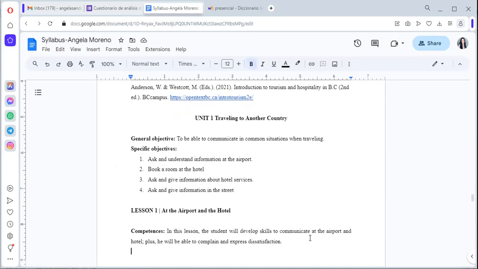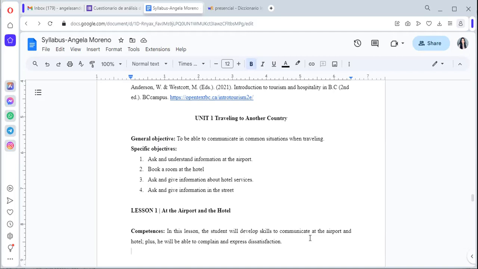The unit that I developed was Unit 1, Traveling to Another Country. I'm going to talk a little bit about this unit. The general objective is to be able to communicate in common situations when traveling.